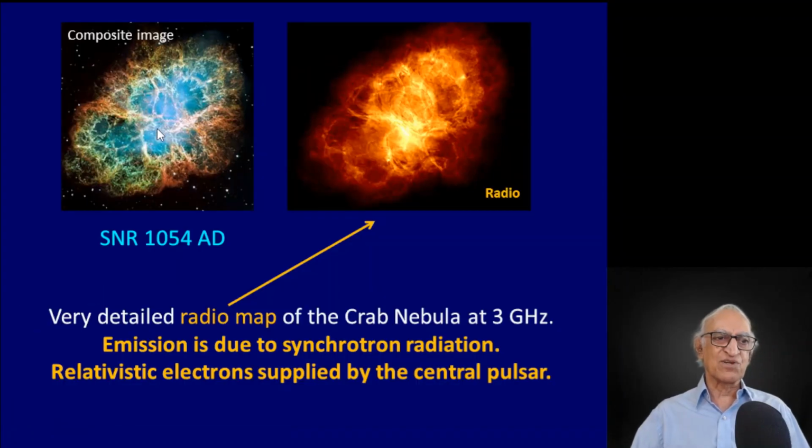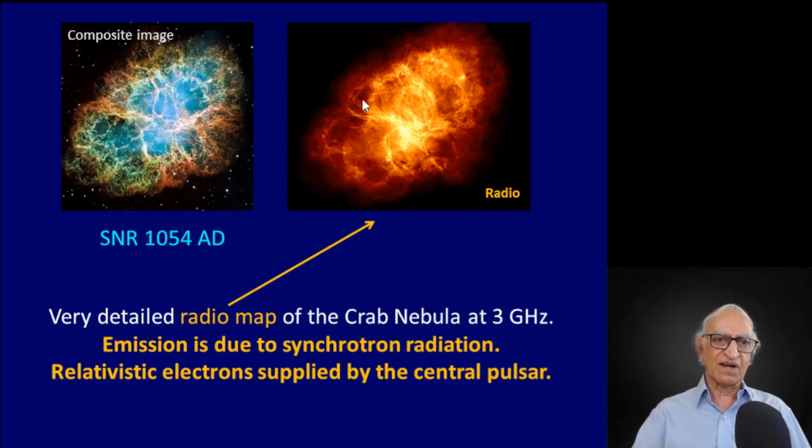Here is a supernova remnant which is 1,000 years old, the famous Crab Nebula. This is the visible emission from the supernova remnant, and inside you see the diffuse blue amorphous emission, that is the synchrotron emission from the relativistic electrons which were pumped into the nebula by the central pulsar.